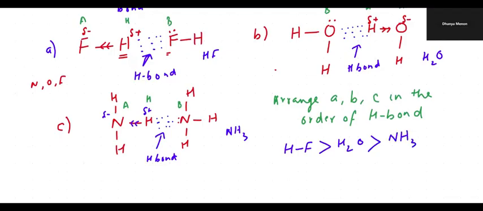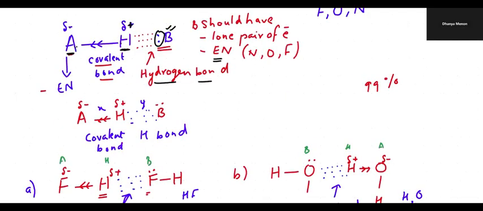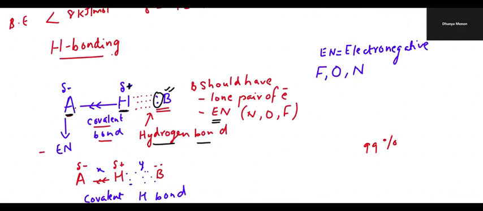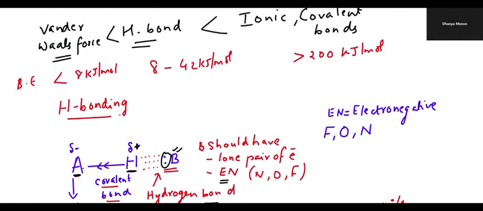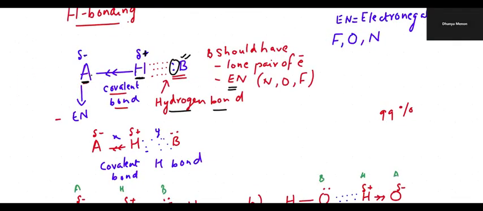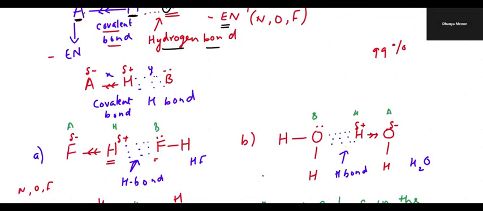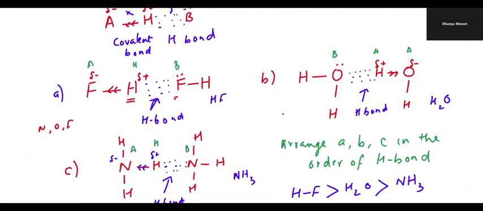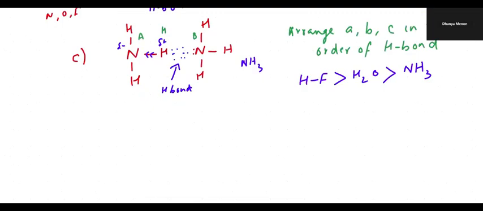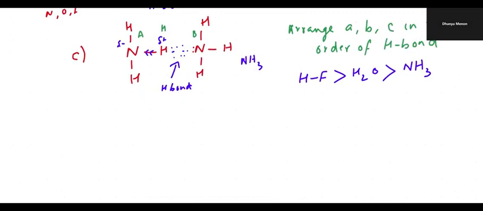As we already discussed, you can see here we wrote the values of electronegativities of nitrogen, oxygen, and fluorine. Fluorine, oxygen, and nitrogen have electronegativity values in the order 4, 3.5, and 3.